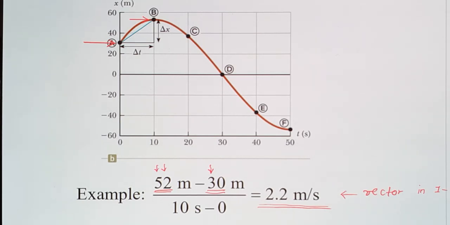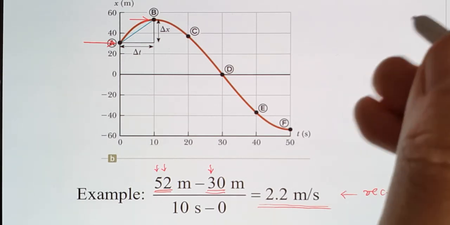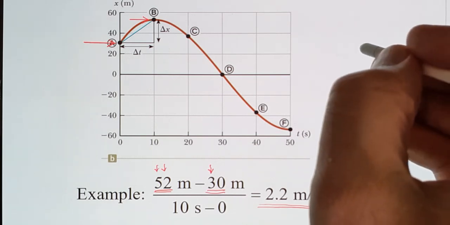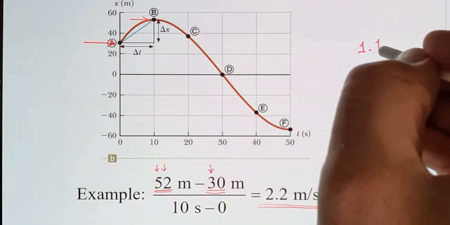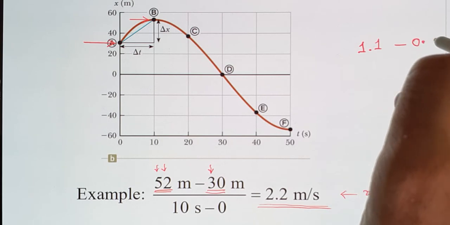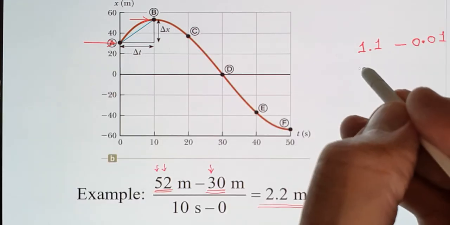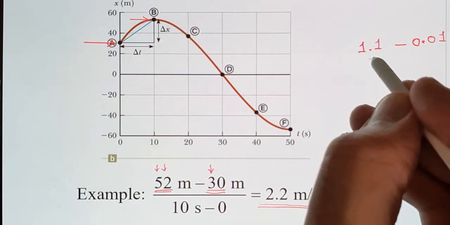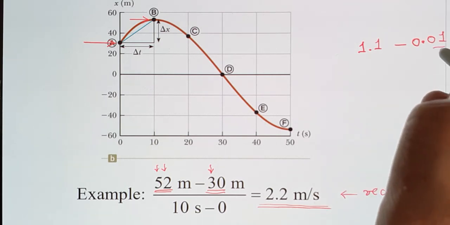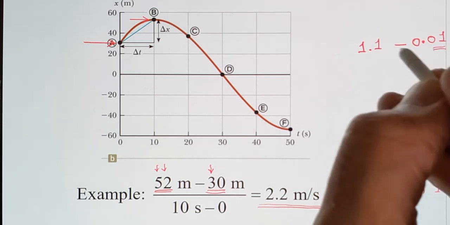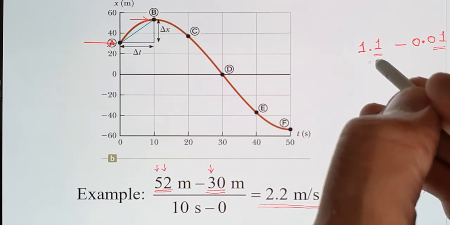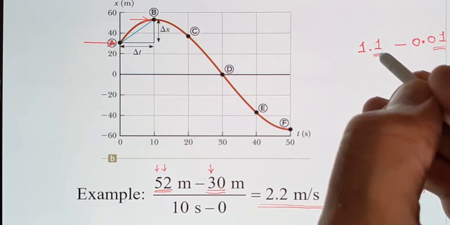Why did we consider the decimal? For example, when you say 1.1 minus 0.01, why do we consider the smallest decimal? Because this accuracy is 1 over 100 and this accuracy is 1 over 10, so we go for the 1 over 10.